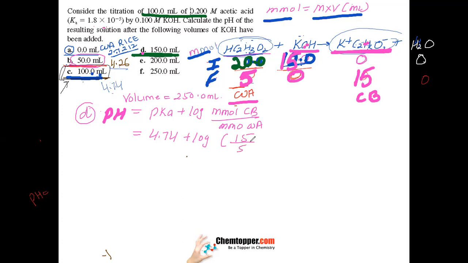How much? 5. This ratio is greater than 1, right? If it is greater than 1, then the pH will be greater than pKa. You can calculate. So what's the pH? 5.22. That's the pH.